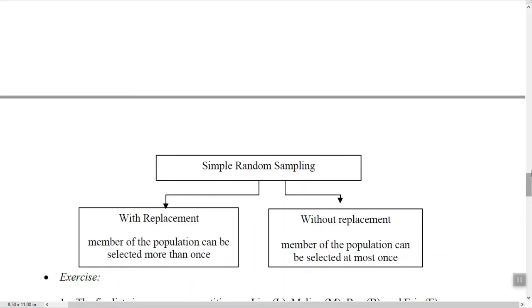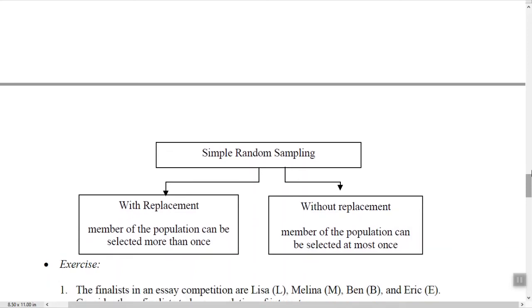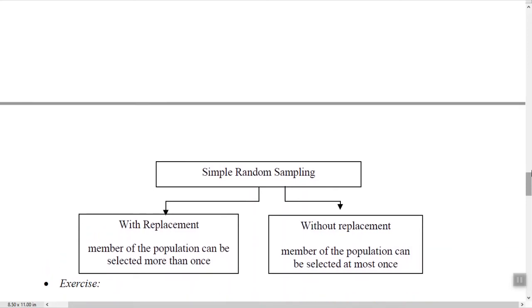Let me give an example. I have a box with 10 blue color balls. I'm going to take one ball randomly, like blindfolded, and put it into another box. Now in my original box I have 9 balls, right?